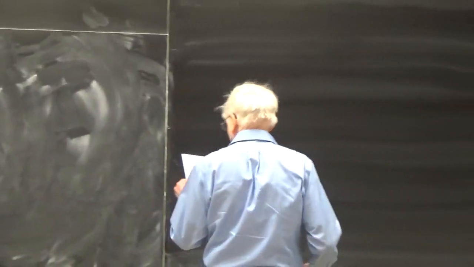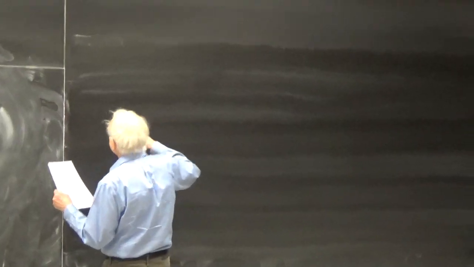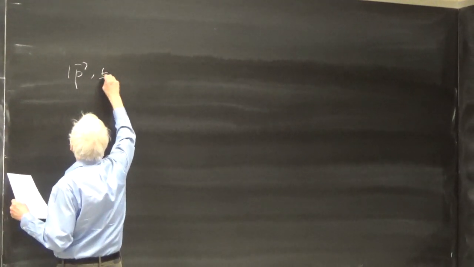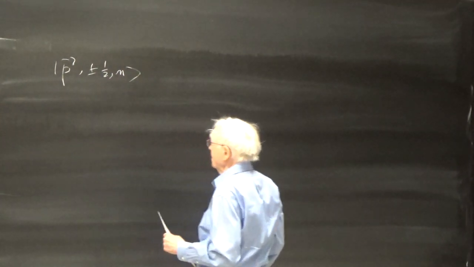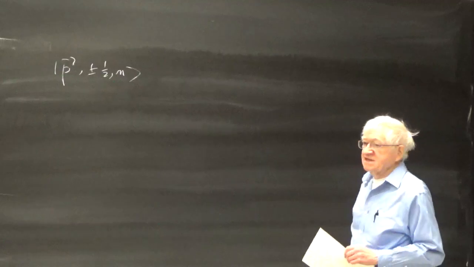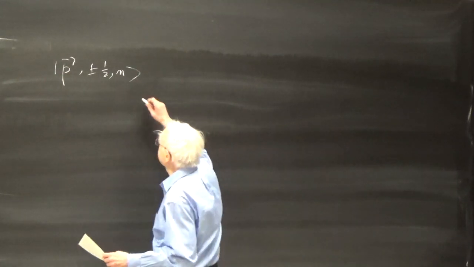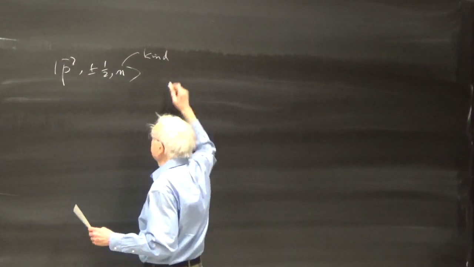And first of all, particles. The state |p, ±1/2, n⟩ represents a particle of momentum p, spin plus or minus a half, and kind n. So this is the type of particle.